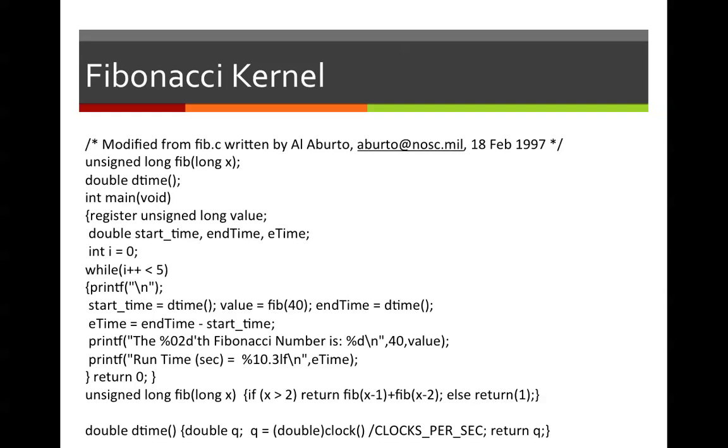And the execution time, of course, would be relevant here in terms of what performance we can get out of our kernel. And here's a Fibonacci kernel, which I've actually adopted from Mr. Alberto's original kernel performance code.